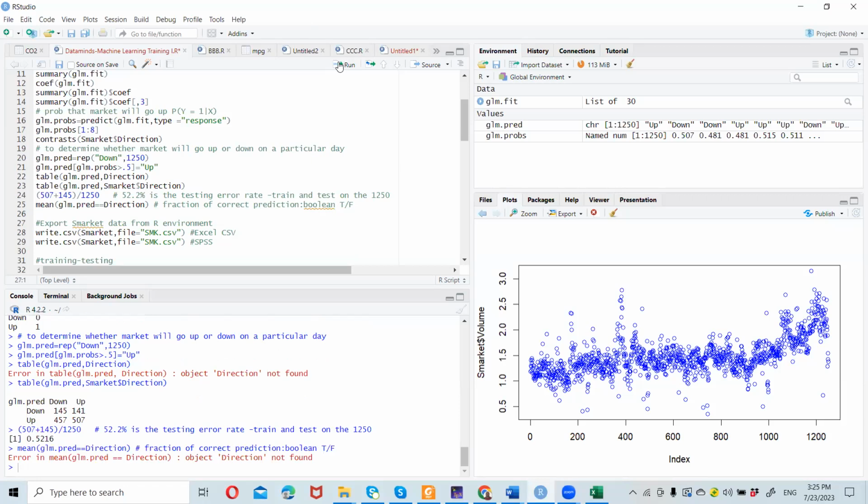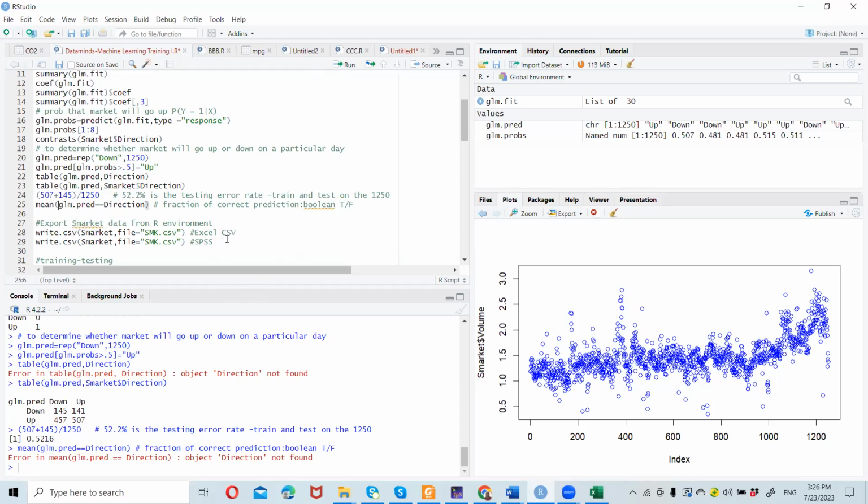Is that clear? Yes, but it's still telling us that object, the direction. So let's put the Smarket in front, please. Kindly put the Smarket $ in front so that it can actually. You mean this place? Line what?